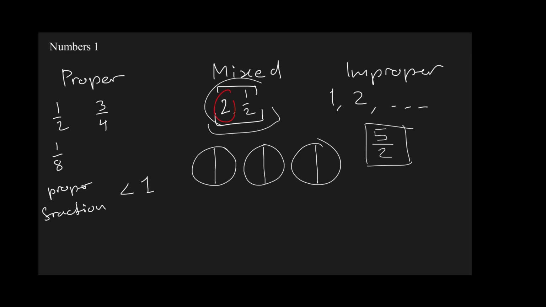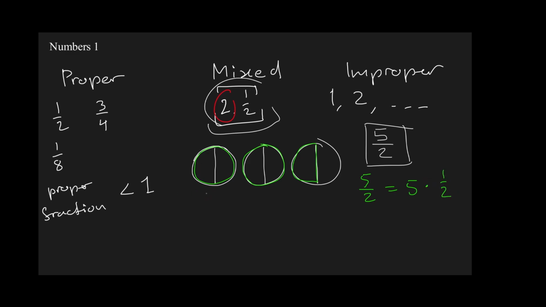So we've got this whole pizza, we've got this whole pizza, that's 1, 2, and we've also got this half piece. So that's 2.5, correct? So how is this 5/2? That doesn't make any sense, does it? Well, 5/2 is actually the exact same thing as 5 times half.